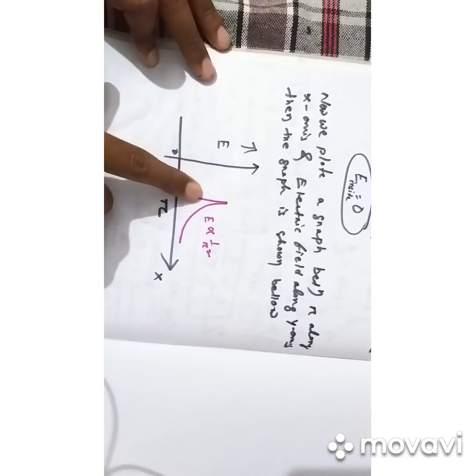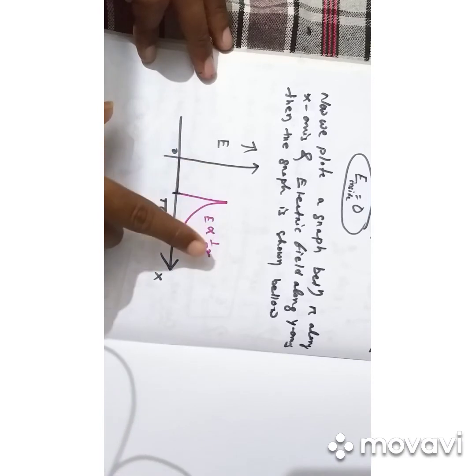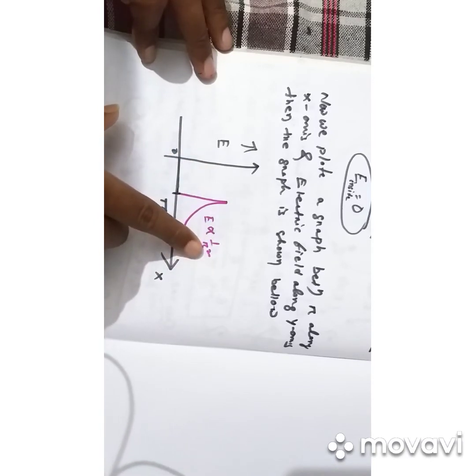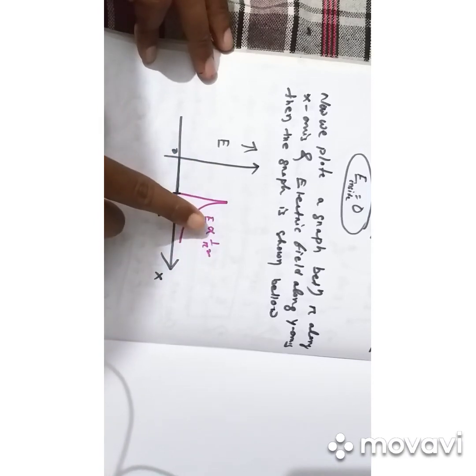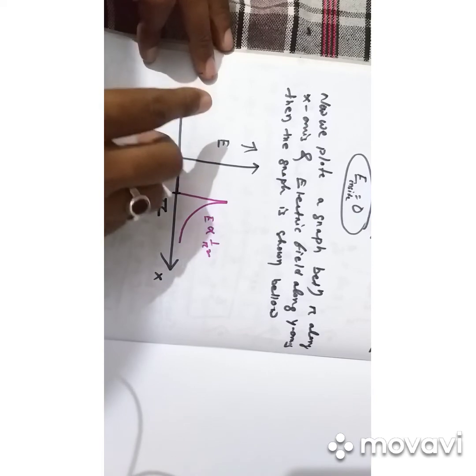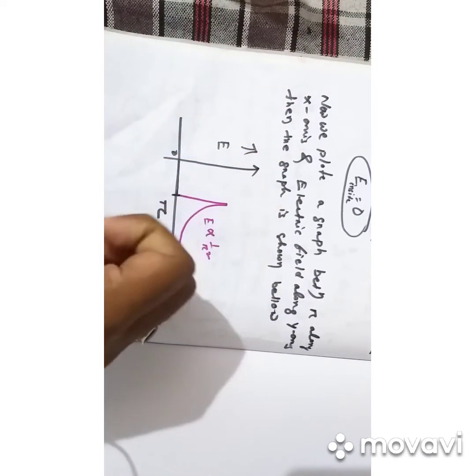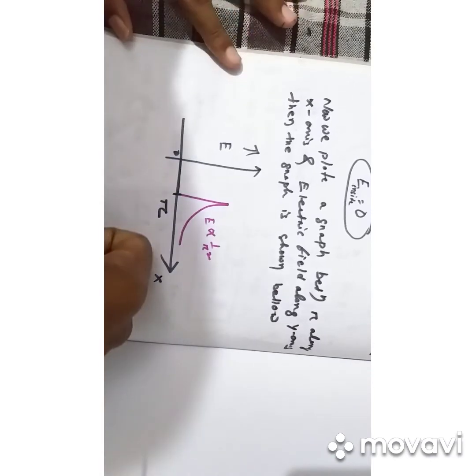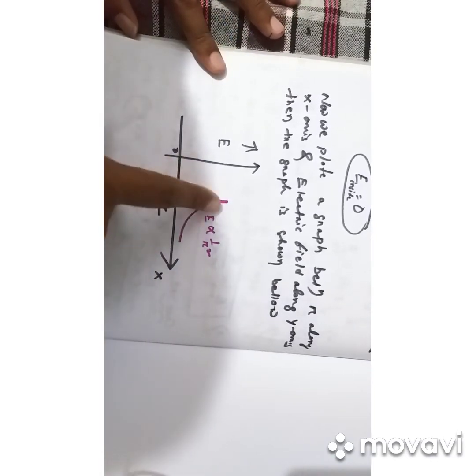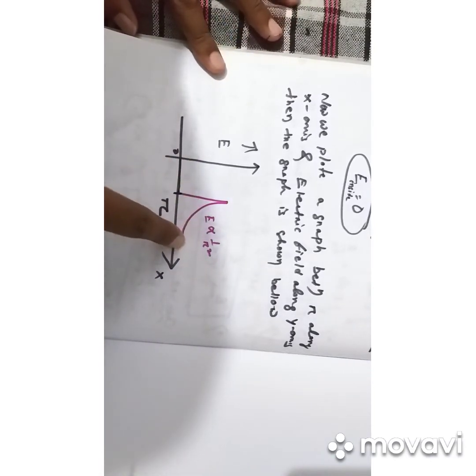Outside the spherical shell, electric field intensity is directly proportional to 1 by r square, so the electric field intensity gradually decreases when you increase the distance. Okay, so this is the graph.